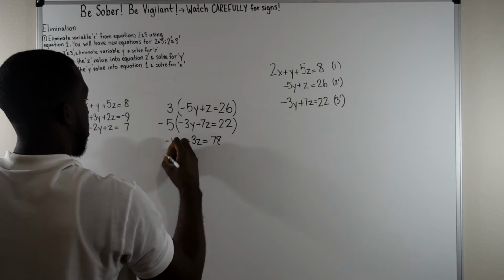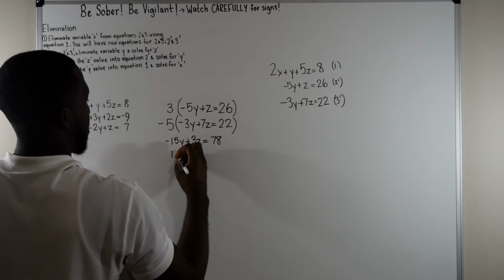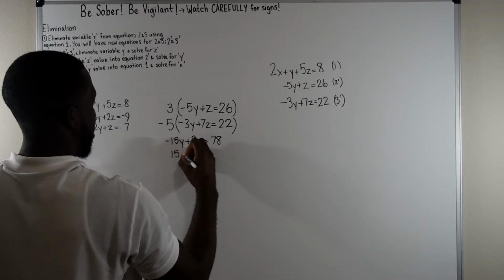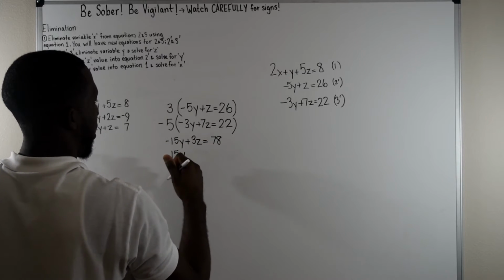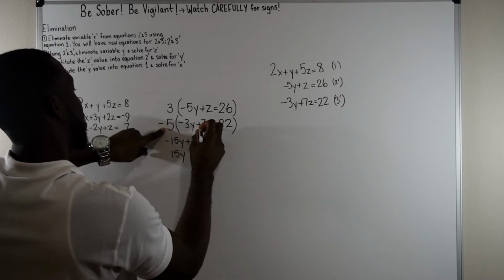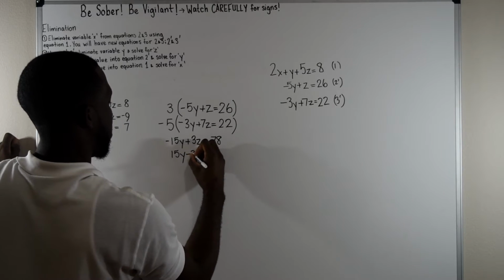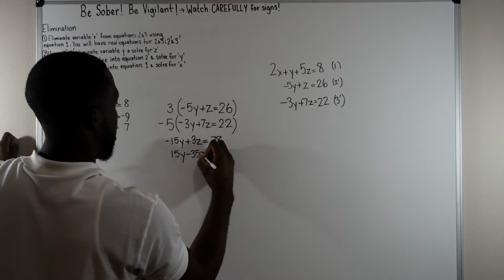And then right here, I'm going to get negative 5 times negative 3 is positive 15y. And then I'm going to get a negative 5 times positive 7. That's going to be negative 35z.